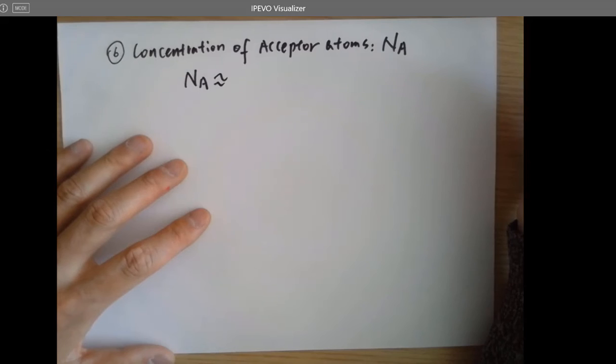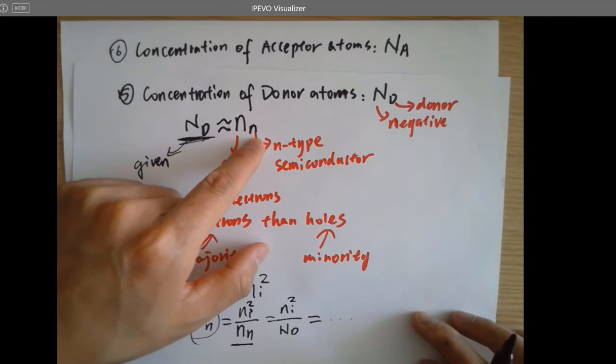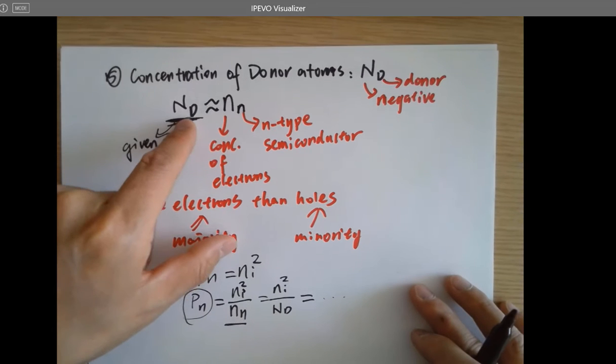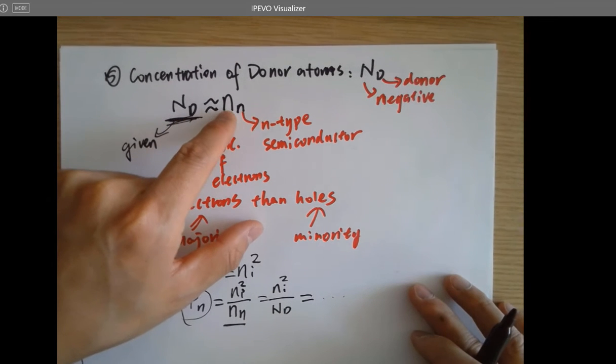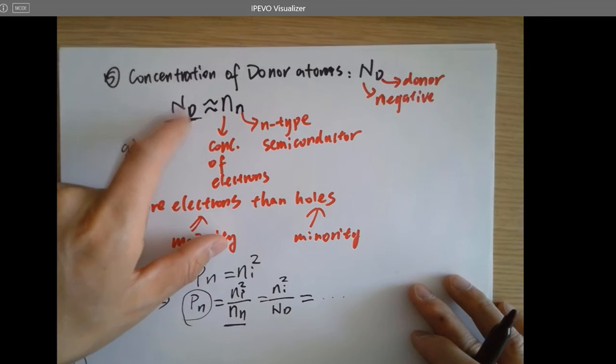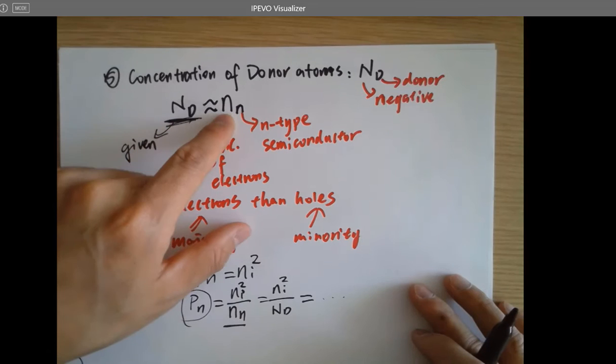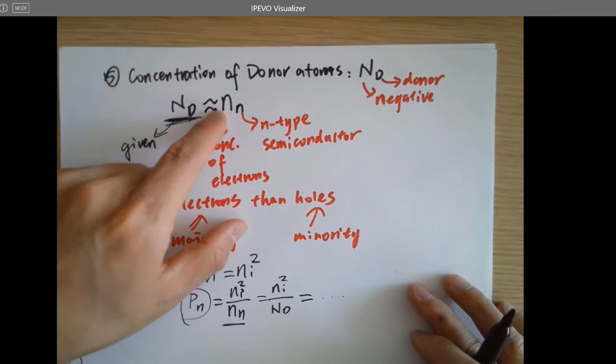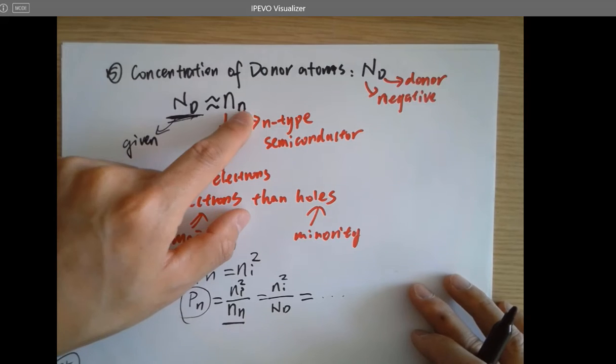Same concept. Here, Nd equals Nn, the N-type. It becomes N-type because it's a donor, and that's the number of electrons, which makes sense because every single donor atom is going to contribute one free electron. So Nd is pretty much Nn.